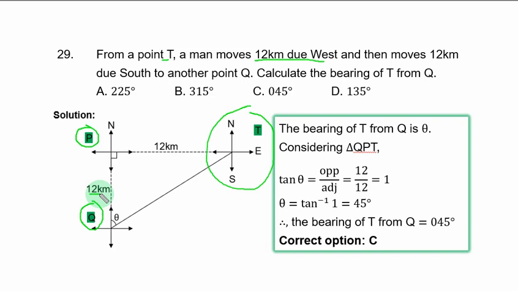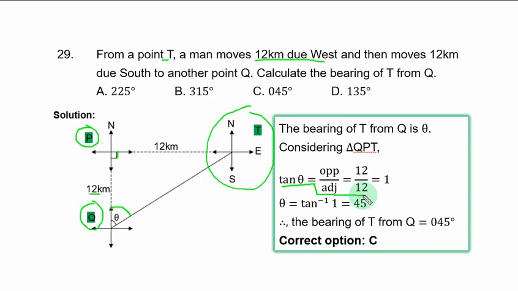You simply go to Q. Now this is Q. The bearing is from the north to the line that is joining T and Q. So let that angle be theta. Now the angle you have here is 90 degrees. So triangle QPT is a right angle triangle where you have the opposite and adjacent. So tangent is used. Tan theta is equal to opposite over adjacent.